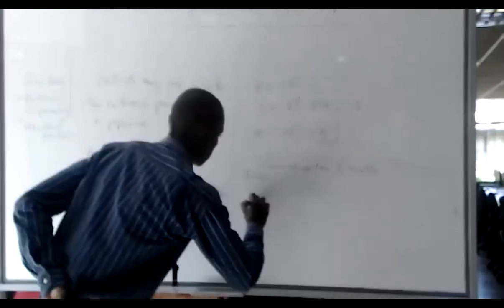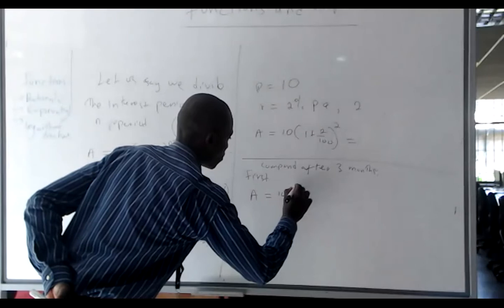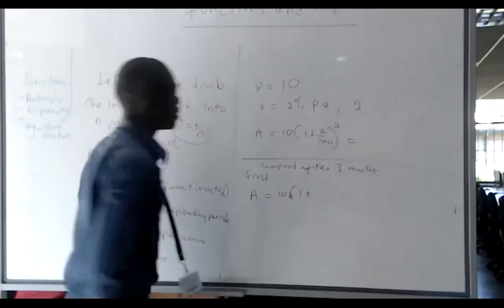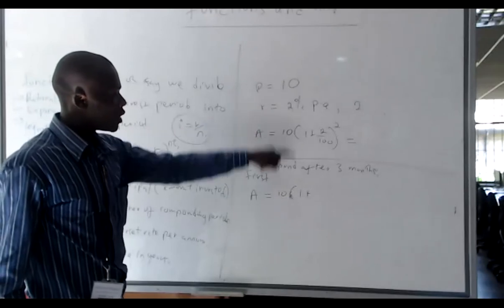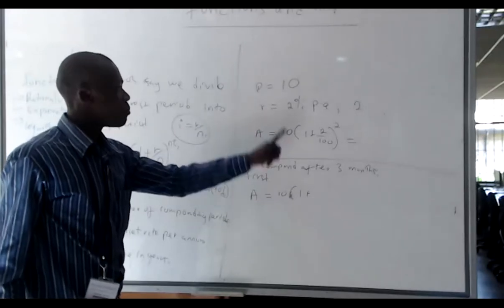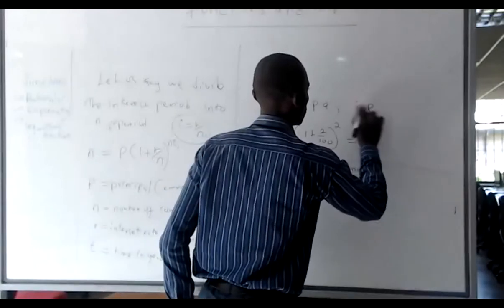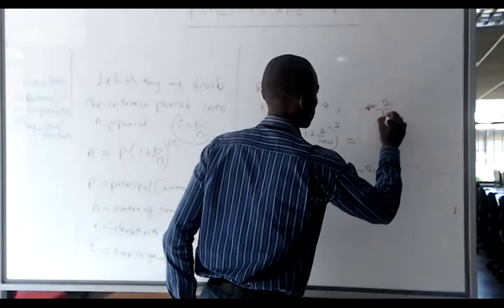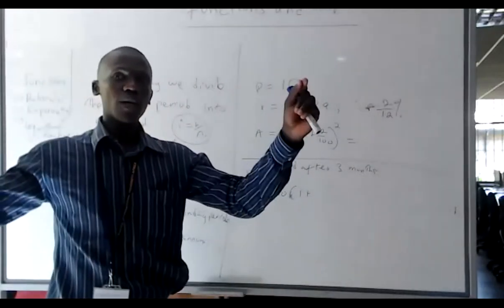Now let's see, the amount for the first 3 months should be 10 multiplied by 1 plus. So this is 2% per annum. And here you're dealing with months. So per month it will be 2 divided by 12%. The reason for that is 1 year has 12 months.